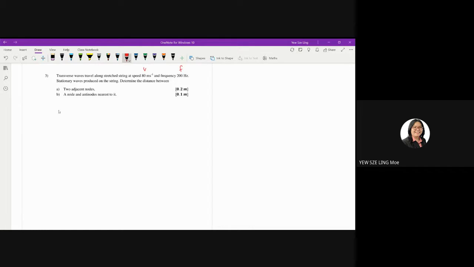Now, question A. For the distance between two adjacent nodes, based on the diagrams that we've seen just now, the distance between two nodes is lambda over 2, right?